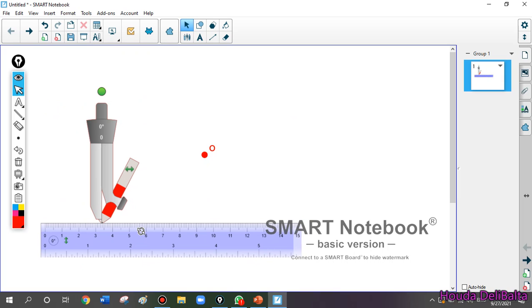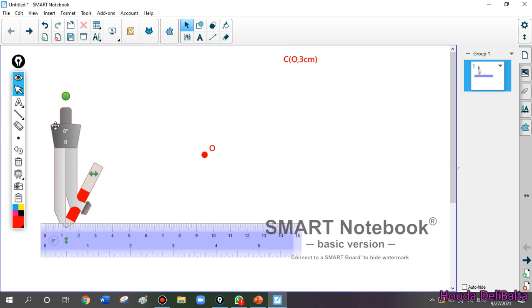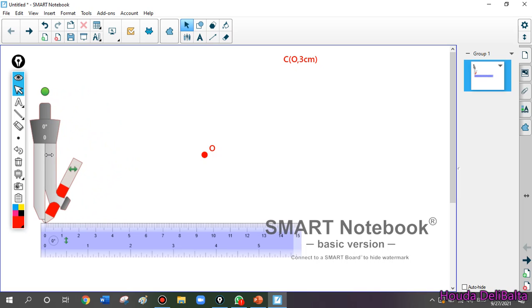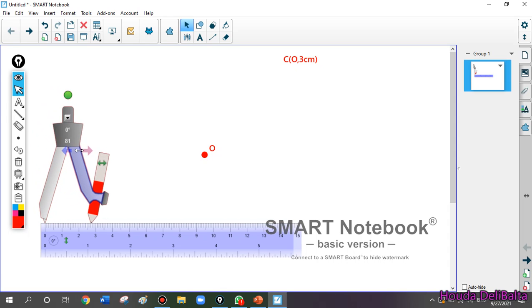Now, if I need to draw a circle C of center O and radius 3 centimeters, I have to use the compass and the ruler and open the compass till 3 centimeters using the ruler. I put the needle of the compass here and open it till 3 centimeters using the ruler.